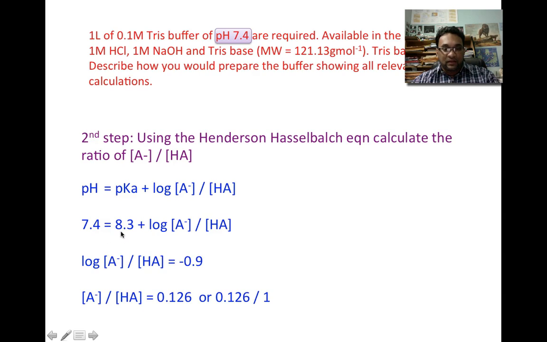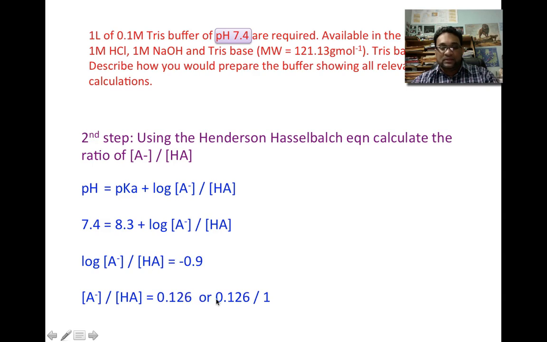Now, be very careful when you reach down here, because a lot of students have trouble finding the antilog. So it's not a problem of chemistry or biochemistry, but more a problem that they can't use a calculator. So I ask you to please go back and learn how to find antilog on your calculator. Now the ratio of A minus to HA, concentration A minus to HA, is 0.126.